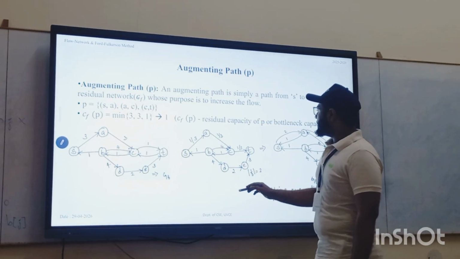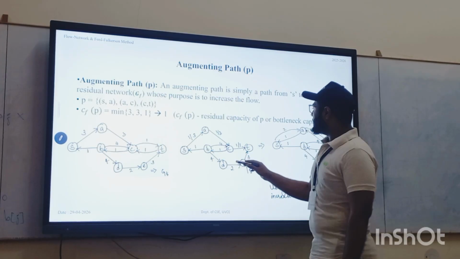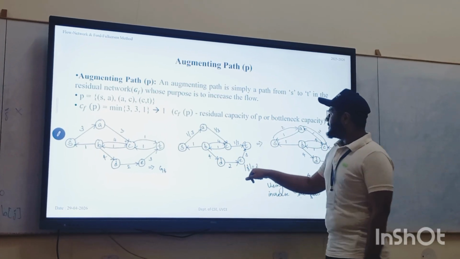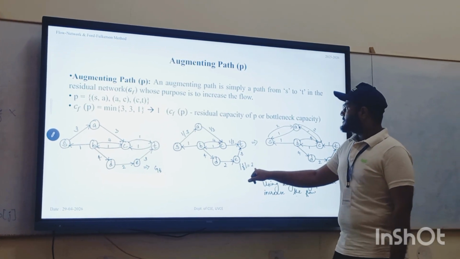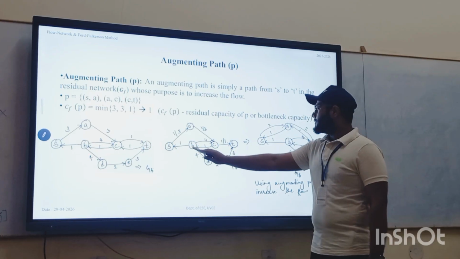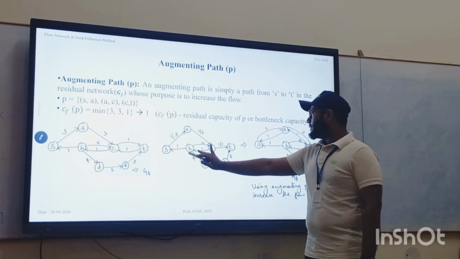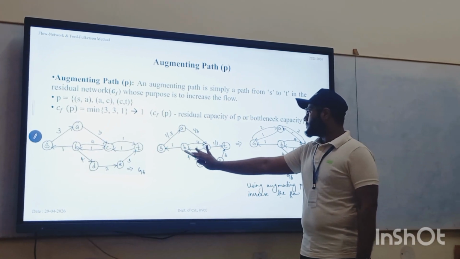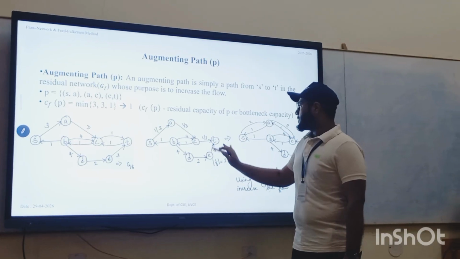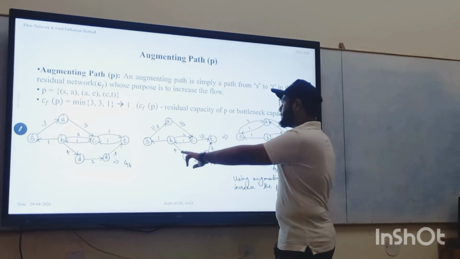Now we will check the flow value. Here the flow value is 2, because from source to sink it has to come. We are considering this part.